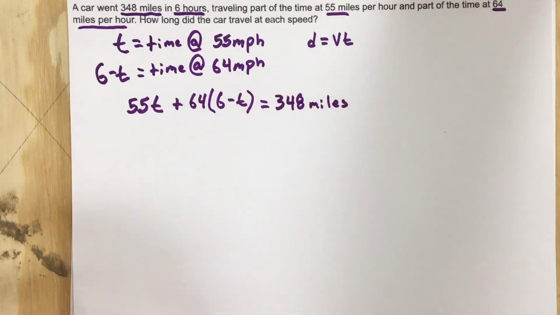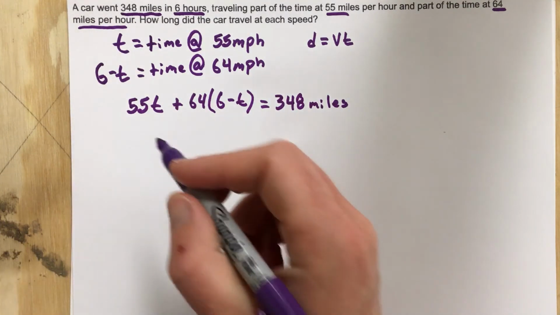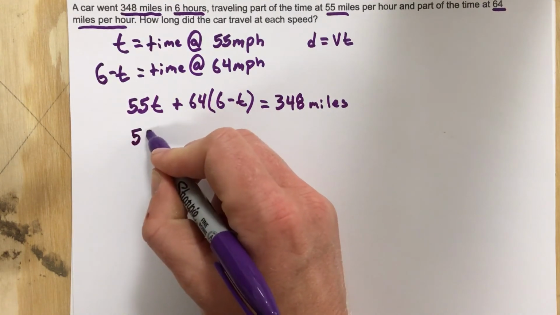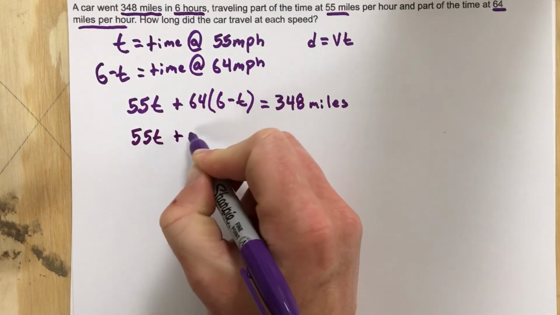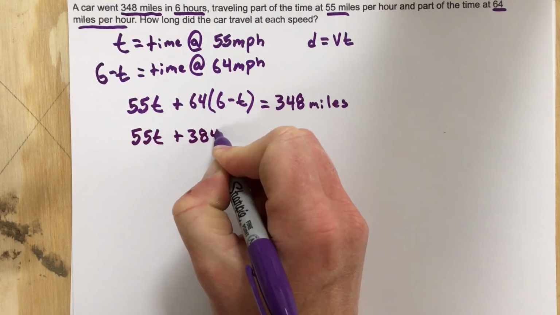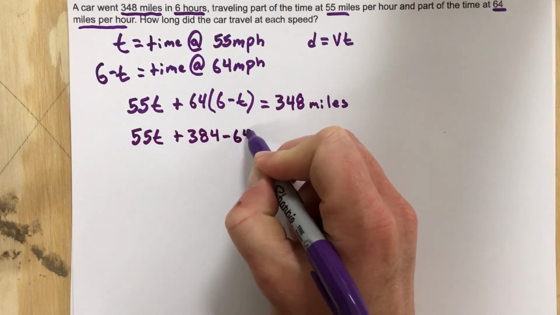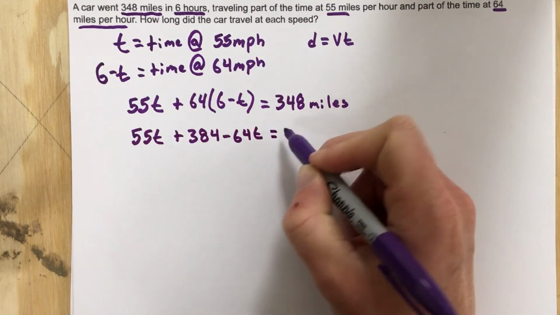As we go through, we're going to get 64 times 6, which is 384. So I have 55t plus 384 minus 64t equals 348.